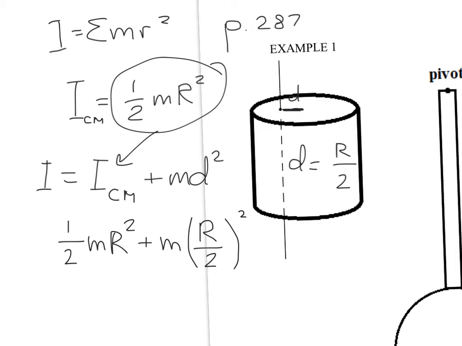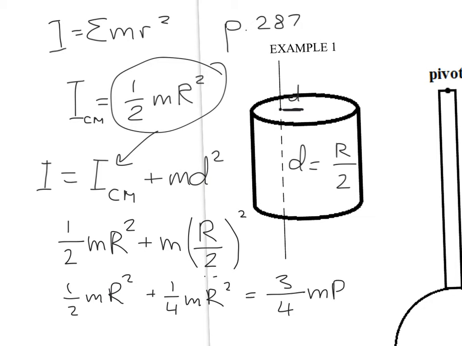Okay, so the final moment of inertia is going to be 1/2 mr squared plus, when we're squaring this, remember it's like 1/2 squared, so 1/4 mr squared, for a total moment of inertia of 3/4 mr squared.